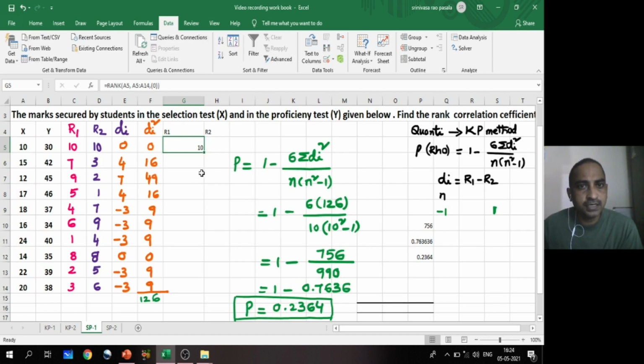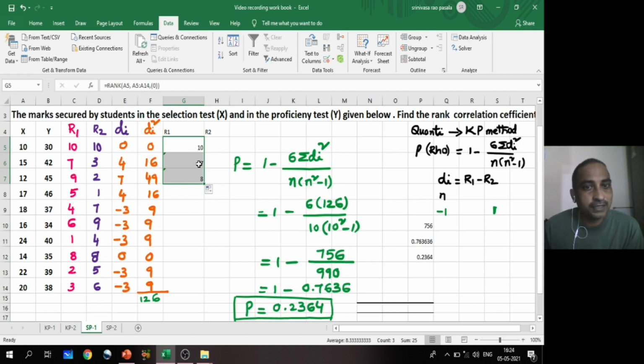Now if you drag, this is the rank 10. If you observe manually, this observation gets the 10th rank, right? There is no need to do this for each and every cell, so just drag. So you get 7, 8 and so on, right?